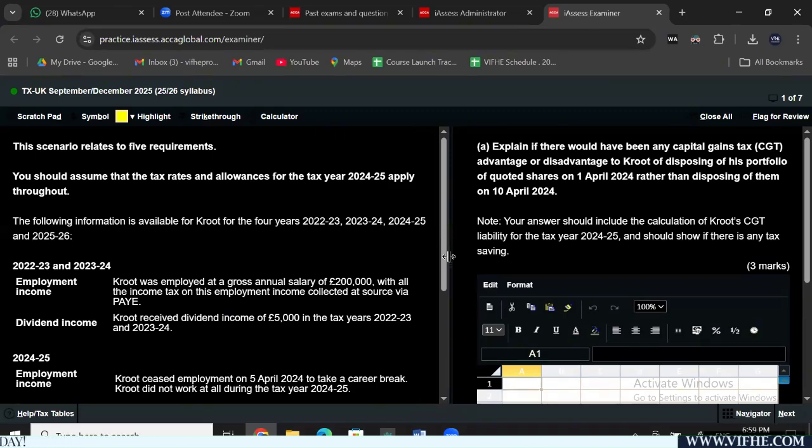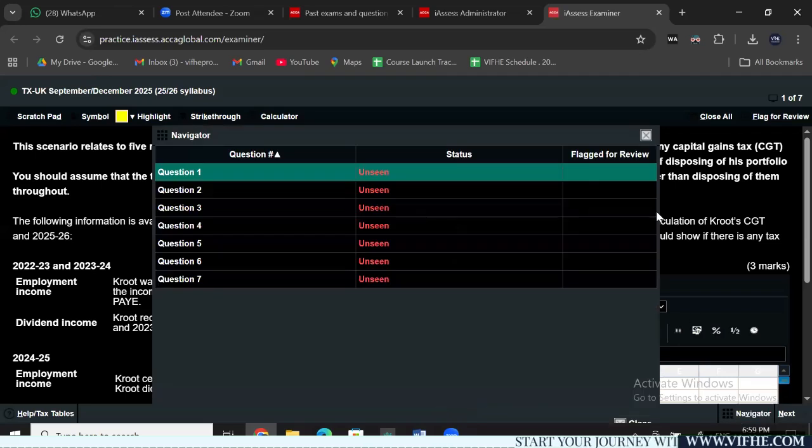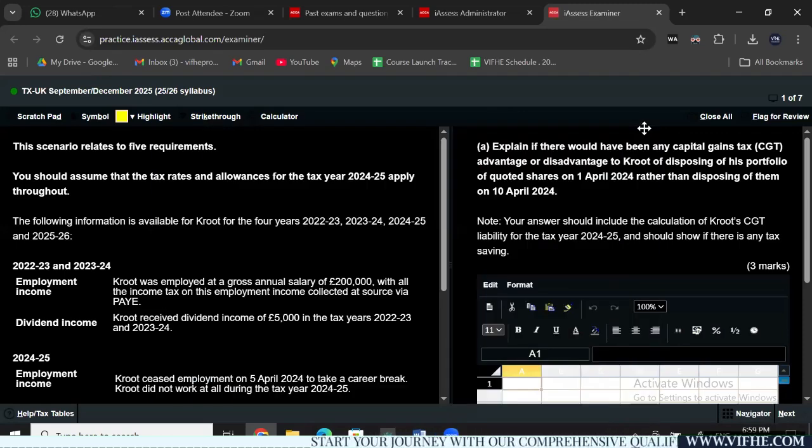Okay, so your exam is of 100 marks, it's a computer based exam. And at the start of your exam, you people are given the instructions. Well, I have already opened it up, so I cannot go back to the instruction side.